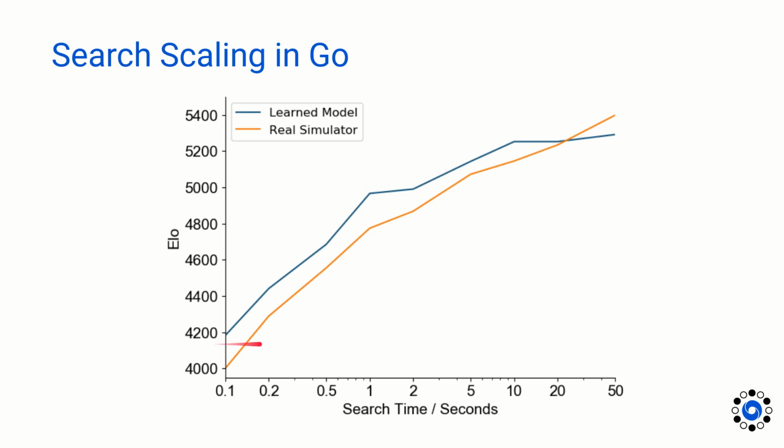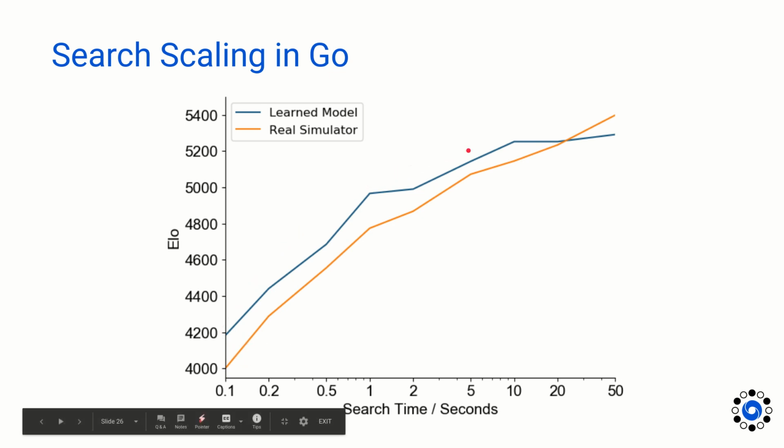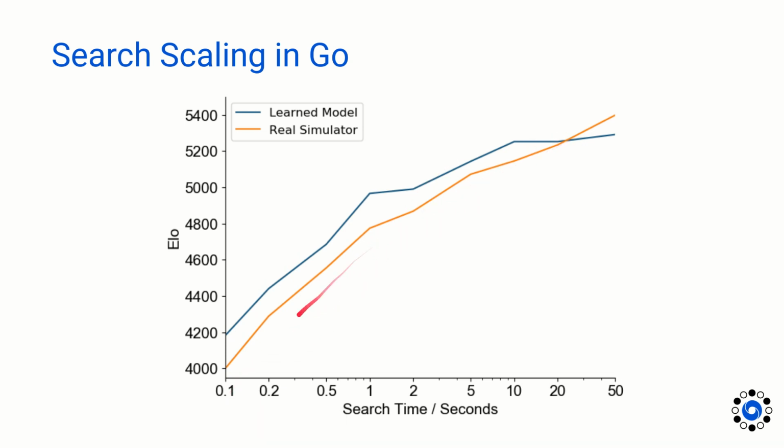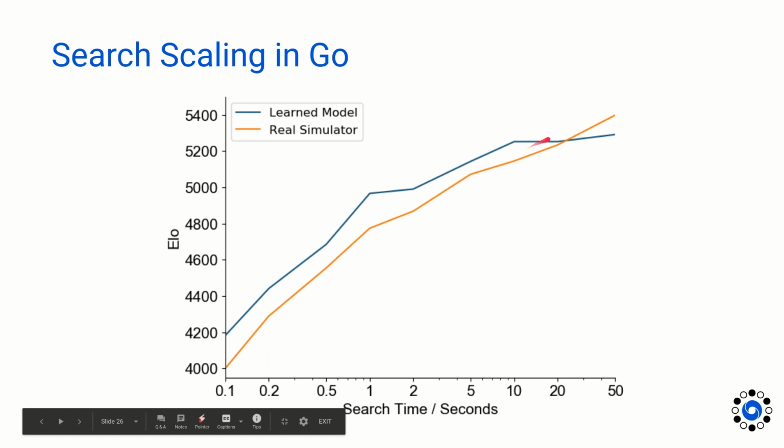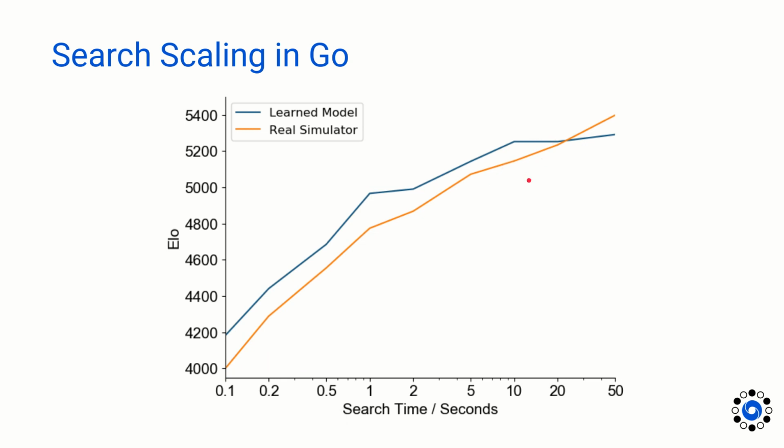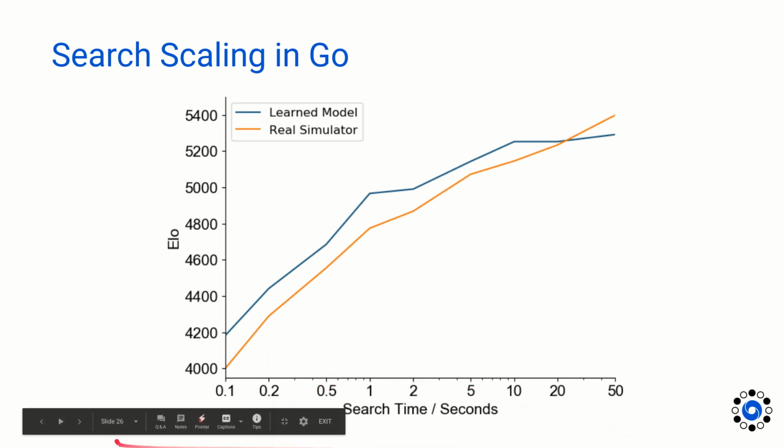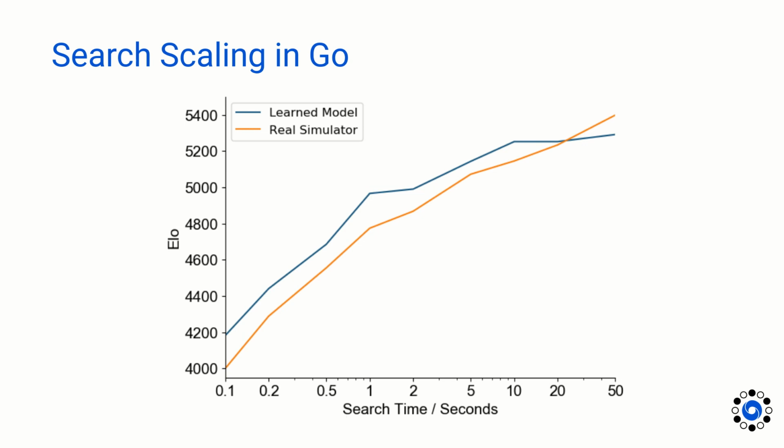And here we compare our learned model in blue to the baseline that is using the real simulator. And as you can see, even for very long searches up to 10 seconds per move, the model scales very well. Notice the logarithmic scale. This is more than 2 orders of magnitude longer searches than it was trained for. And even beyond that, the performance remains stable.